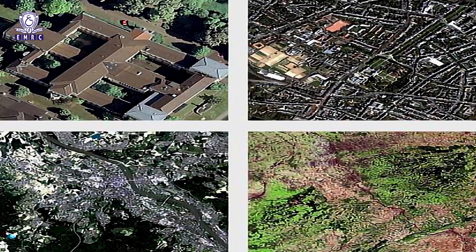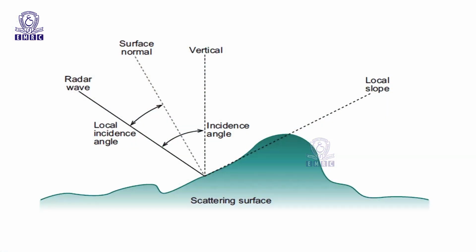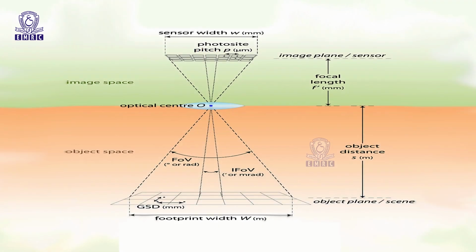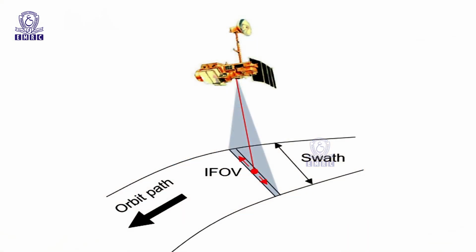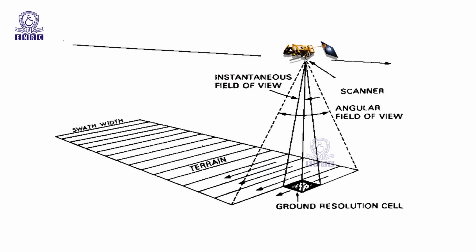As mentioned earlier, the most commonly used measure for spatial resolution of any sensor, based on the geometrical properties of the imaging system, is the instantaneous field of view of the sensor. IFOV is defined as the area of the ground that is viewed by an instrument from a given altitude at a given instant of time.